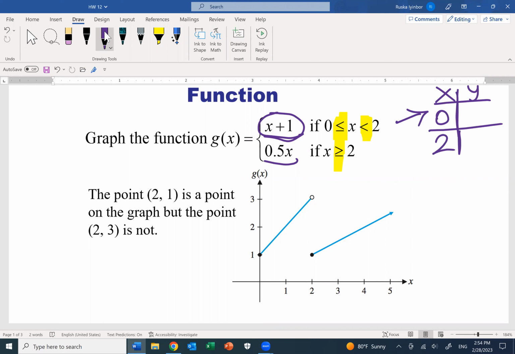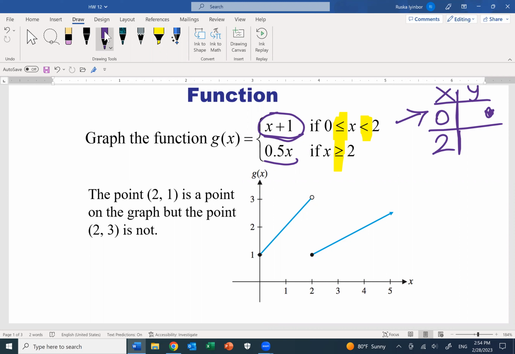On the graph, I'm going to include the 0 because x is greater or equal to 0, but I'm not going to include the 2 because x is less than 2. What does that mean on the graph? When I graph the point at x equal 0, the point is going to be filled, like this.